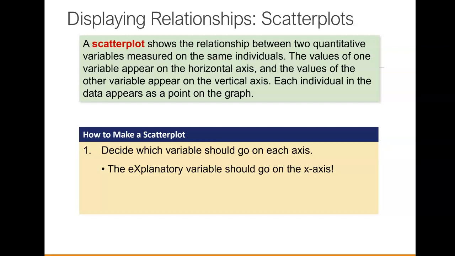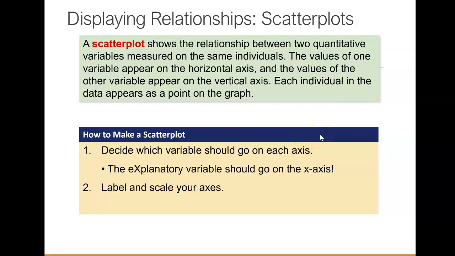The explanatory or independent variable should go on the x-axis. Explanatory for x-axis. Probably we've talked about this already in your previous math classes, right? Trig and pre-calc kids, we talked about doing regression stuff last year. You may have remembered that.